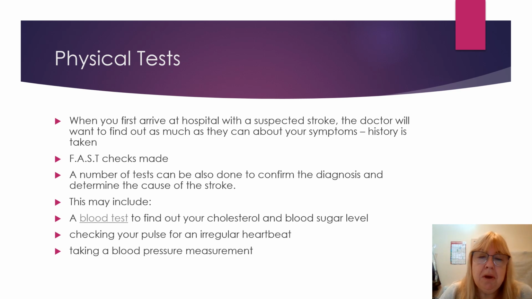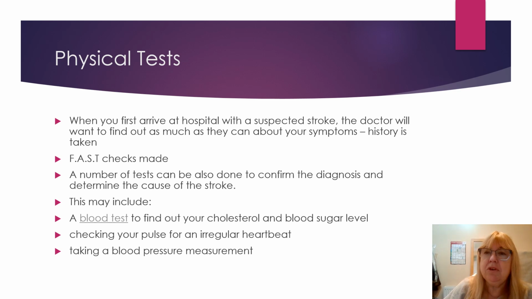There are also a few other tests that will be done to confirm the diagnosis and maybe to find out a bit more about the cause. So we're going to look at those. They will take a blood test to find out cholesterol and blood sugar level, and they will check pulse and blood pressure, looking at people's heart rate and looking for irregular heartbeat.